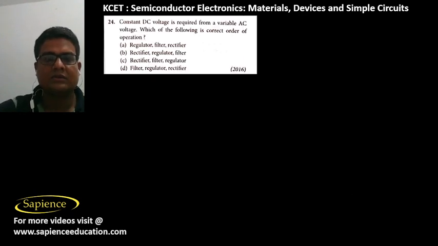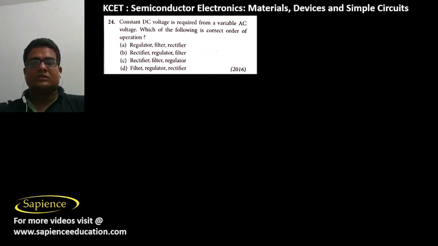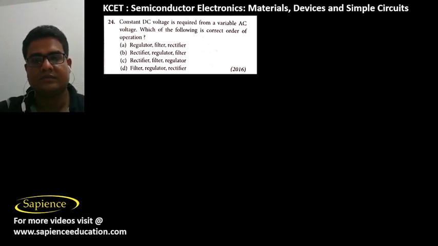Constant DC voltage is required from a variable AC voltage. Which of the following is the correct order of the operation?